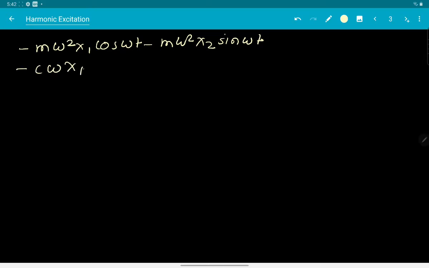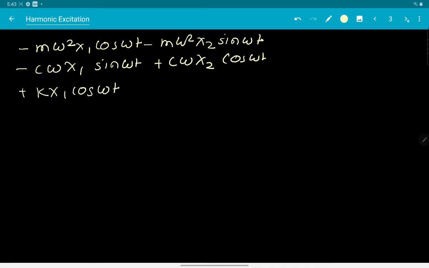If we put these values over there, let me write down what we get: minus m omega square x1 cosine omega t, minus m omega square x2 sine omega t, minus c omega x1 sine omega t, plus c omega x2 cos omega t, plus k x1 cos omega t, plus k x2 sine omega t.